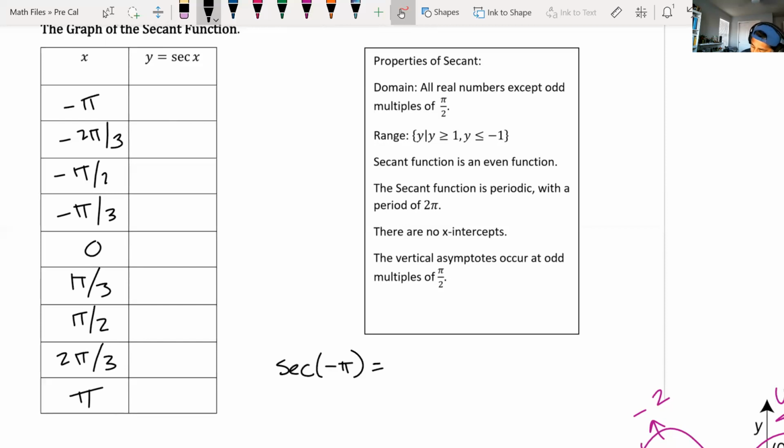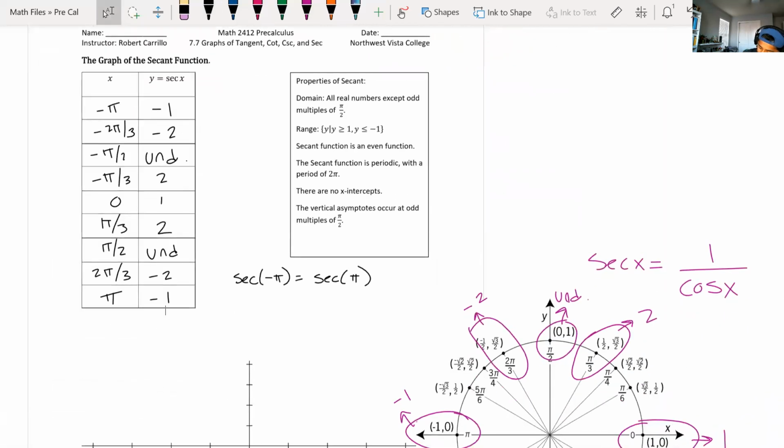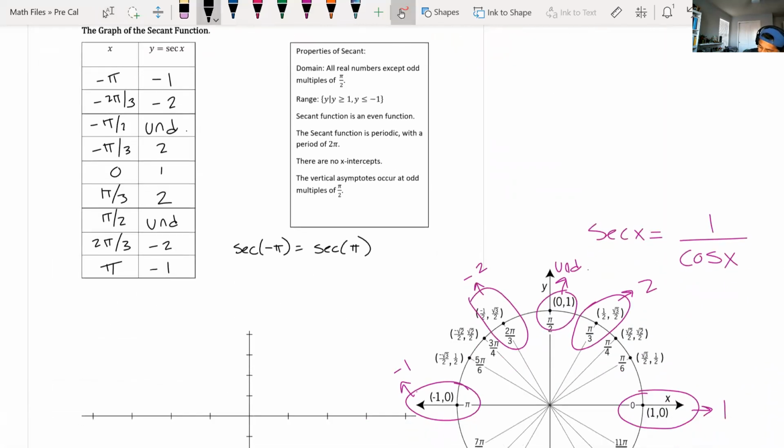So the secant of negative pi just becomes the secant of pi, which will still give me -1, and then -2, and then we'll be undefined, and then we'll be at 2, 1, 2, undefined, and then -2, -1. All right, there's our coordinates for secant.